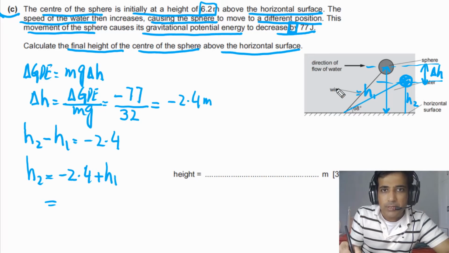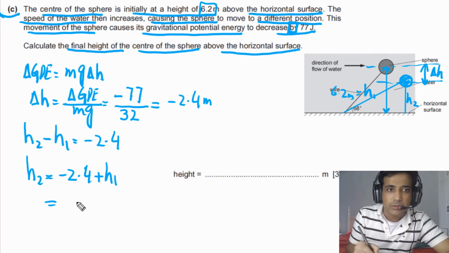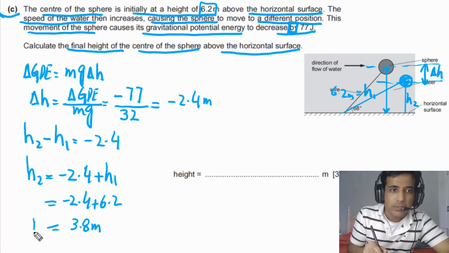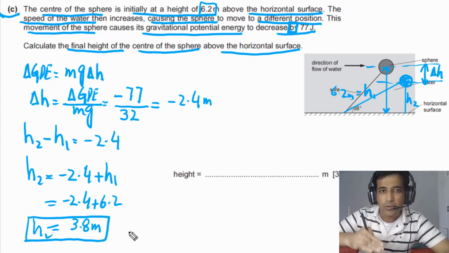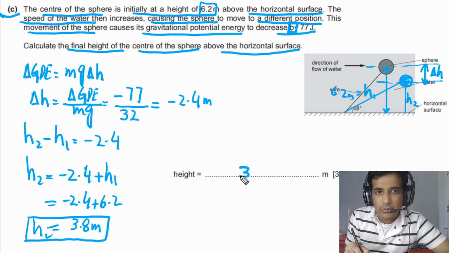So we can plug in value of h1, that is 6.2. So the final answer will be 3.8 meters. So the second height, or simply you can say the final height of sphere is 3.8 meters from horizontal, and this is our final answer.